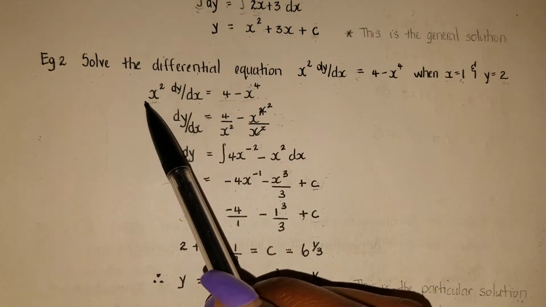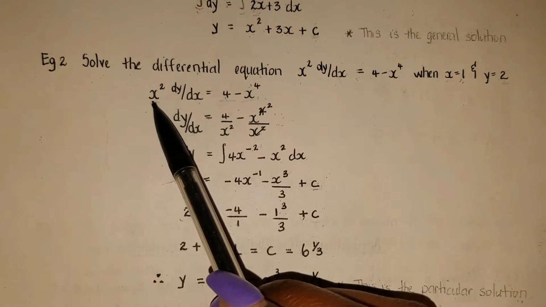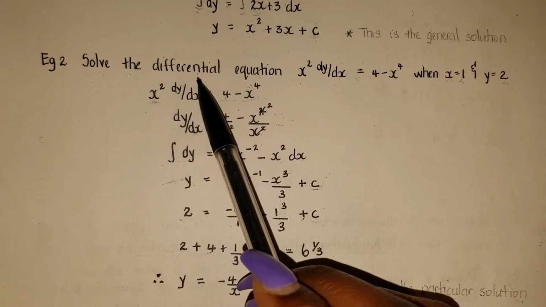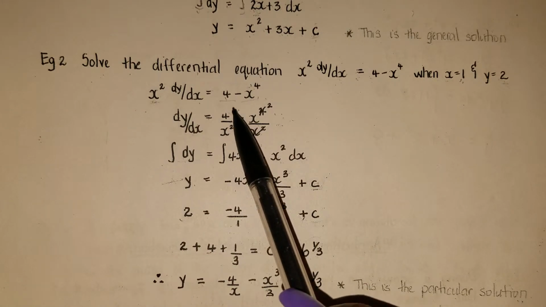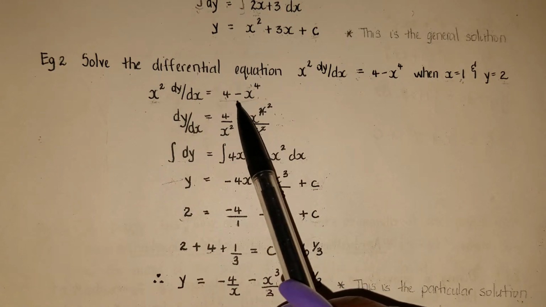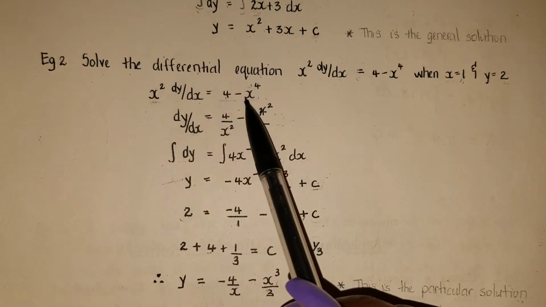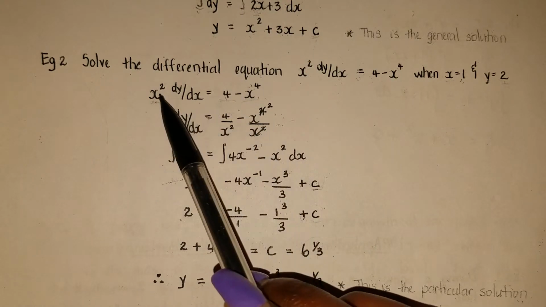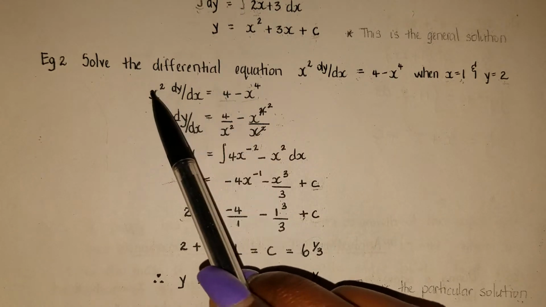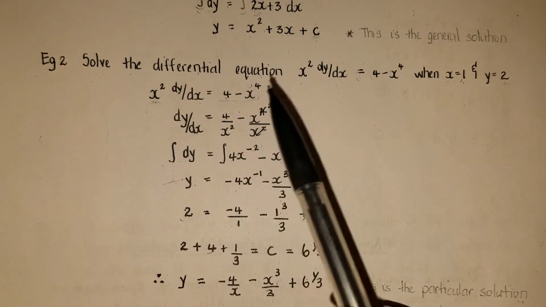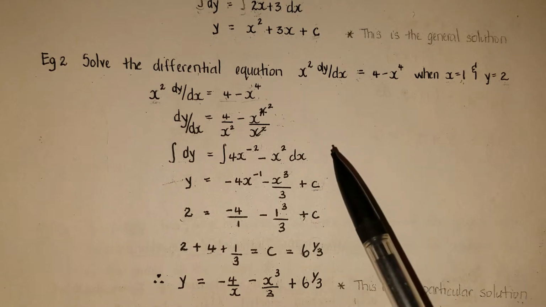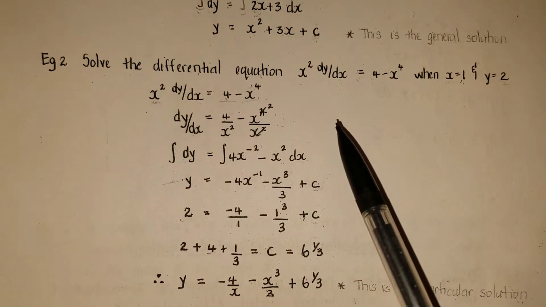Since it was being multiplied on the left side, when we bring it to the right side, it's going to get divided. What I did was give each component the denominator of x squared. So I wrote 4 over x squared minus x to the 4 over x squared, because it will be easier to simplify than to integrate.